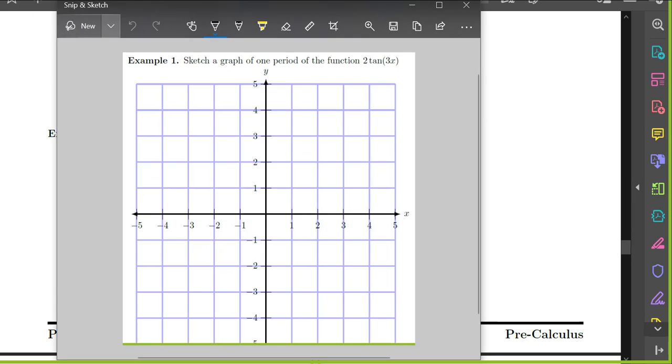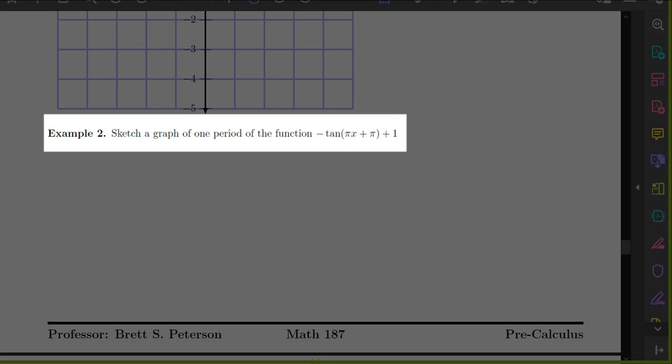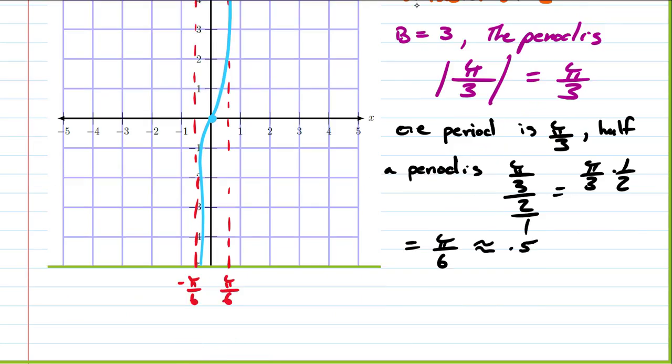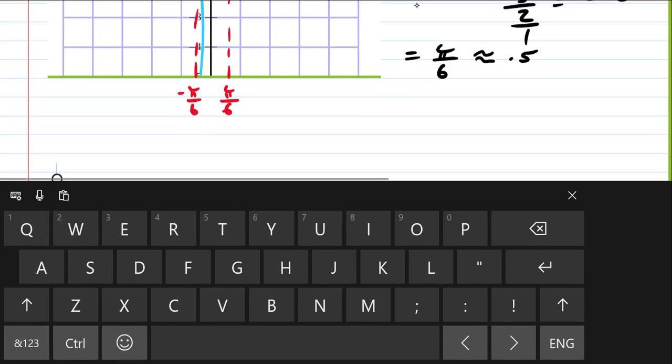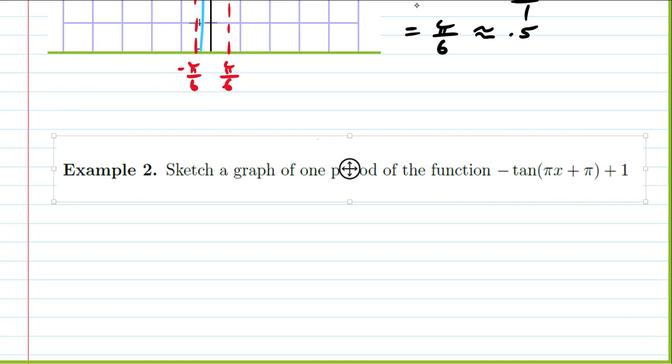All right, example 2. Sketch a graph of one period of the function negative tangent of pi x plus pi, plus 1. So we're going to want to do the same type of analysis, and then we'll sketch our graph.